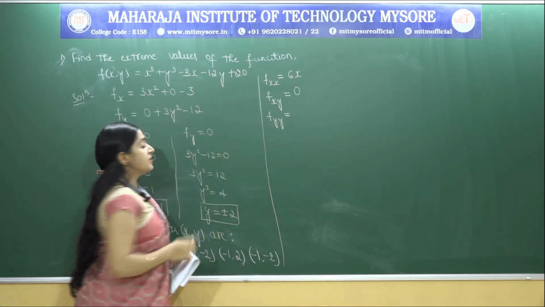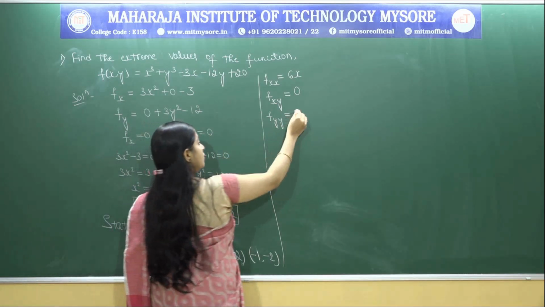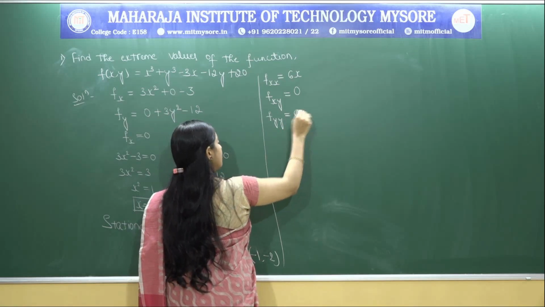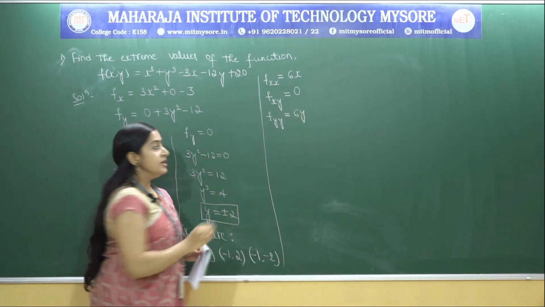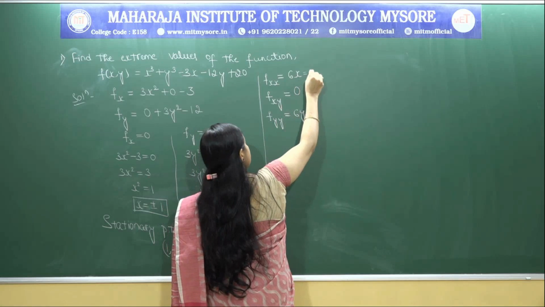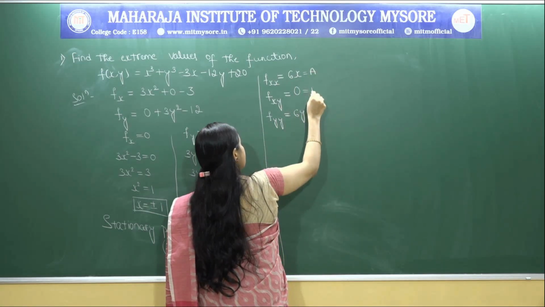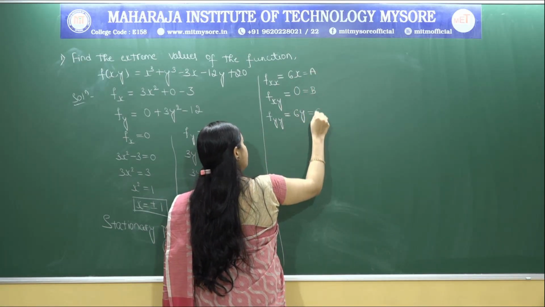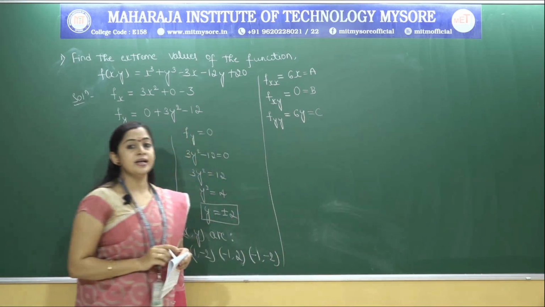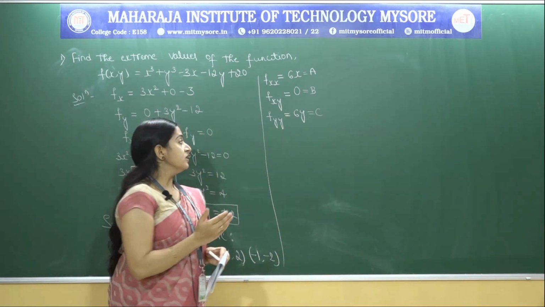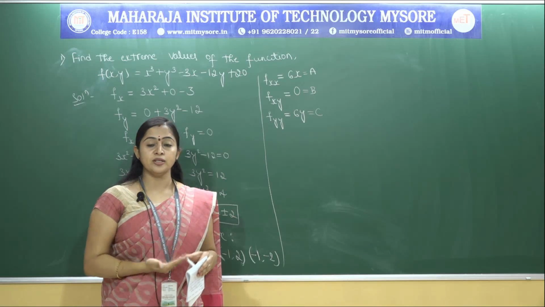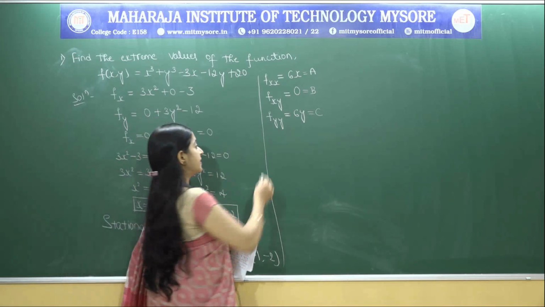Here you have 3y², differentiate that, you will get 6y, minus 12, the differentiation is 0. So mark these as A, B and C. Next, we have to evaluate this at all the stationary points, then compute AC minus B².